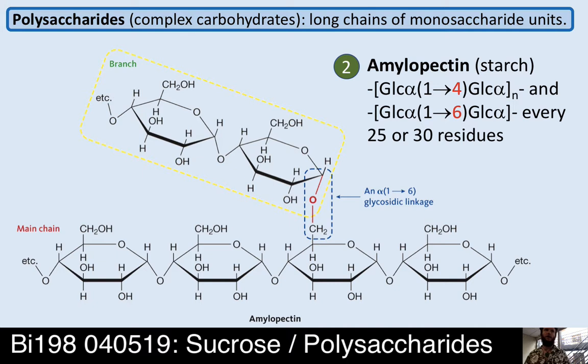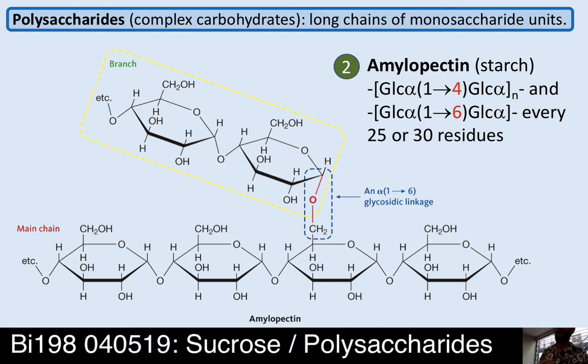All right, so amylose is going to be like a nice chain, and amylopectin is going to be more like a branching structure, where the runs are made out of alpha 1,4, and then the branch points are alpha 1,6. In amylopectin, that happens every 25 or 30 residues.